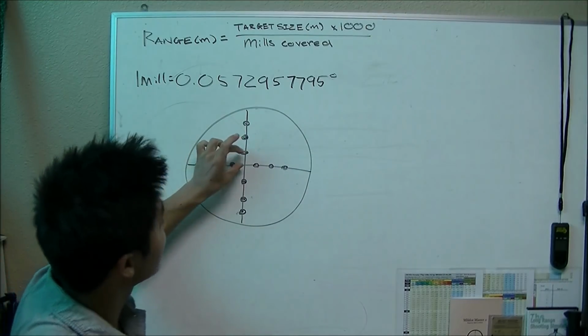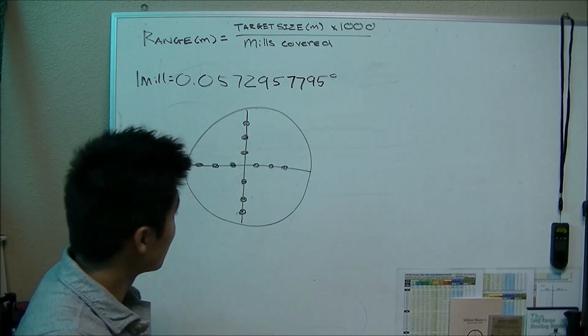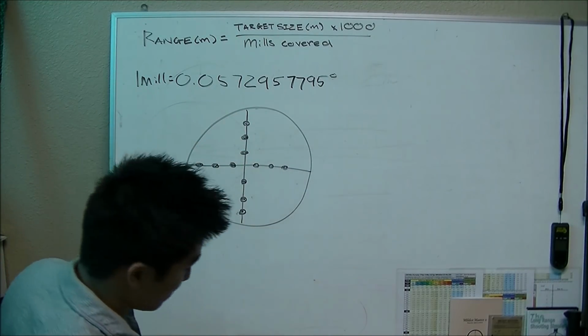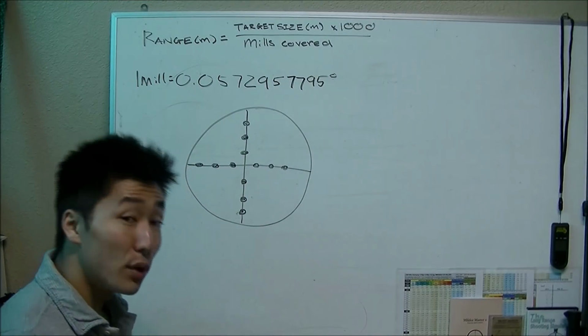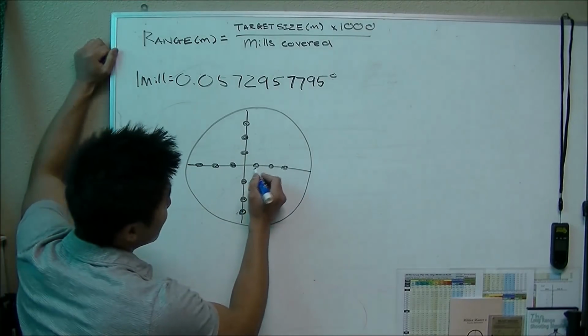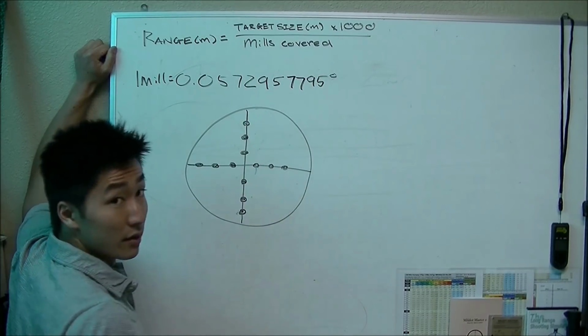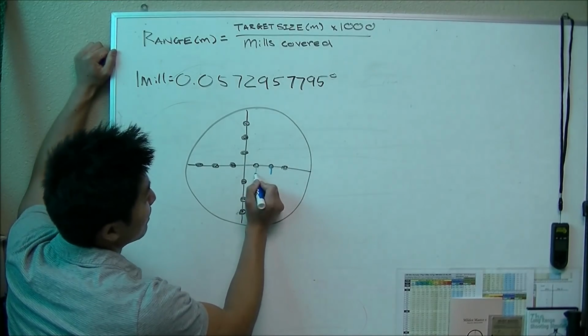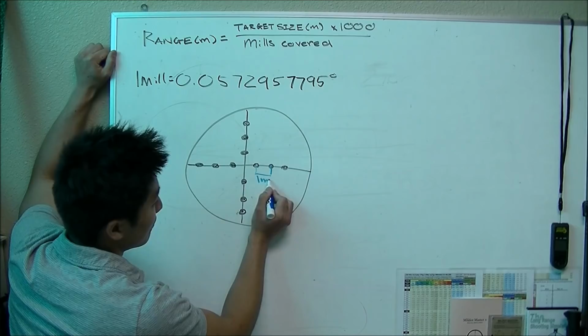And so these distances right here, some of the reticles depend on the manufacturer, but most likely the distance from the middle of that dot to this one is going to be 1 mil.